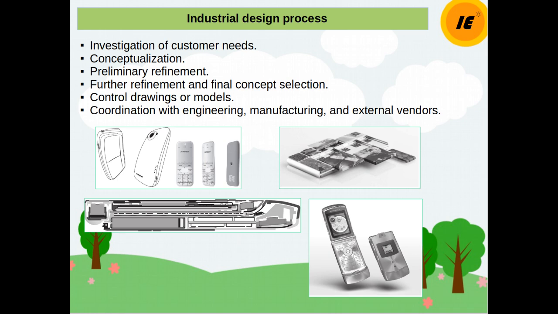Now the third is preliminary refinement. In the preliminary refinement phase, industrial designers build models of the most promising concepts. Soft models are typically made in full scale using foam or foam core board. They are the second fastest method, only slightly slower than sketches, used to evaluate concepts.